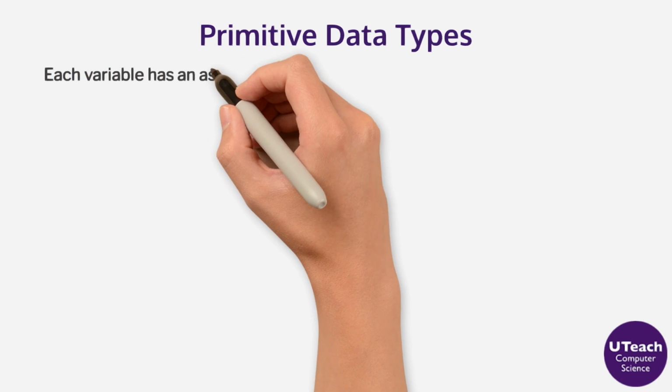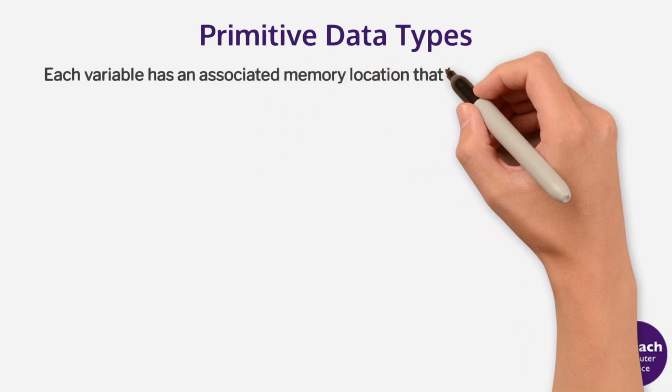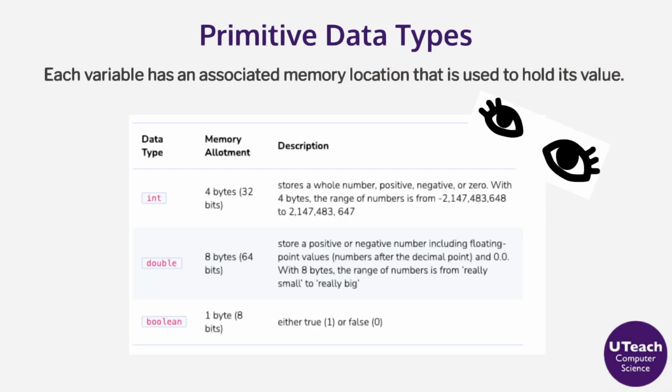Each variable has an associated memory location that is used to hold its value. Designating a data type associated with the variable allocates a certain amount of storage space in memory for the value, as shown in this chart.